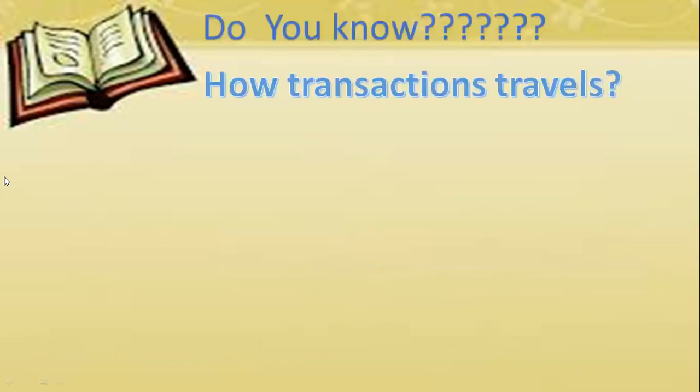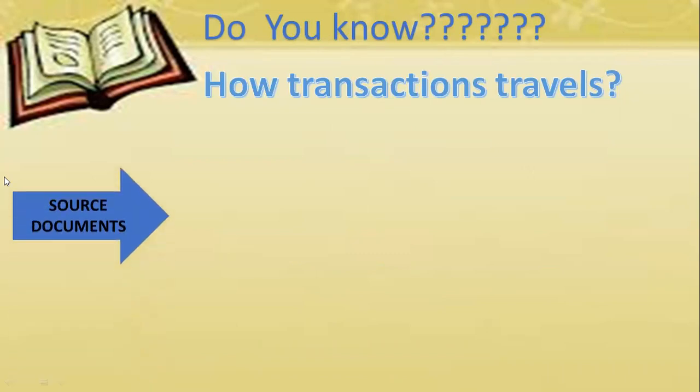Today, we all are aware and have thoroughly gone through how transactions travel. In our offline lecture, we have seen the basic source documents like journal voucher, cash voucher, credit memo, receipt, checks, etc. The transactions in the source documents are recorded either on the account debit side or credit side.